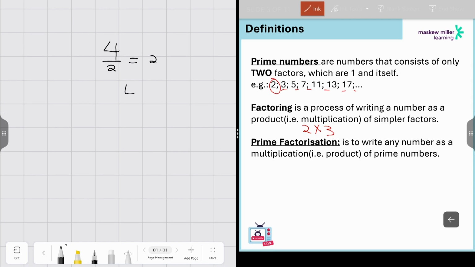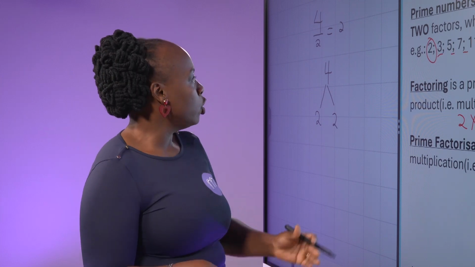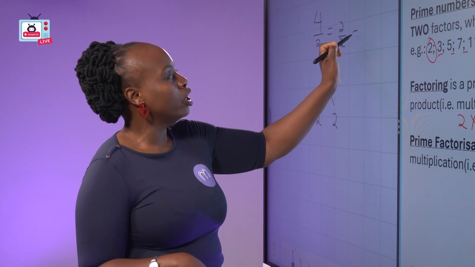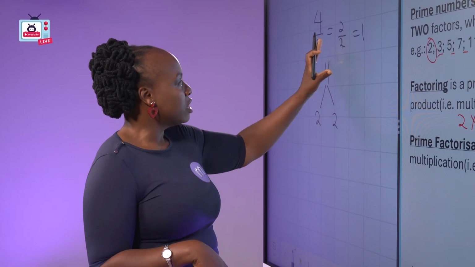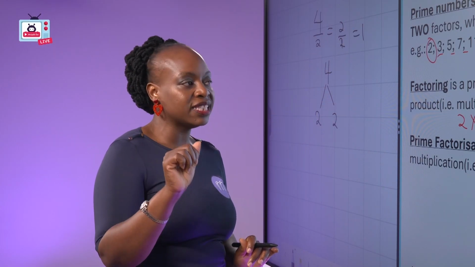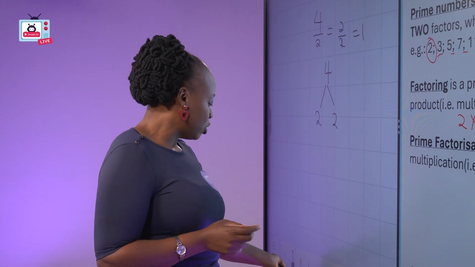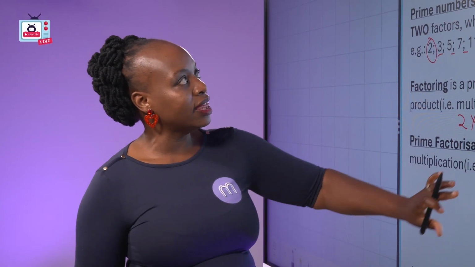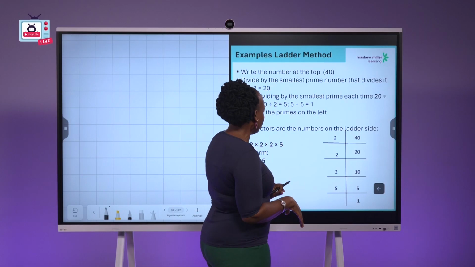That means in the prime factorization, I'm going to have 2 and 2 as my two prime factors for 4. Then you divide the 2 again by another 2, and you get 1. So the prime factorization of 4 is 2 and 2, and that's how you deal with that portion, right?